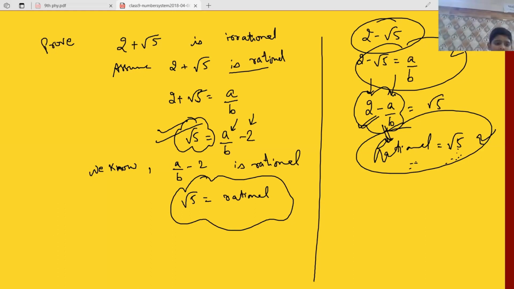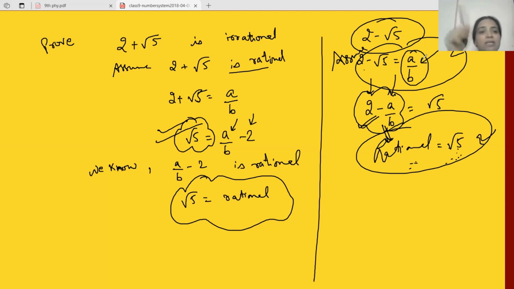मैम समझ नहीं आया मैम ये। बच्चे इसके अंदर what have I done is I have like always I have assumed that 2 - √5 is in the form of rational number which is a/b, where b is not, ये लिखना है, you cannot skip writing this b not equals to 0, a and b and co-prime, right? तो अभी आप यहाँ पे ये चीजें ऐड करने के बाद यू राइट नाउ, देखो a/b को आपने इधर ट्रांसपोज किया, √5 को यू आर ट्राइंग टू कीप इट सेपरेट ऑन वन साइड.